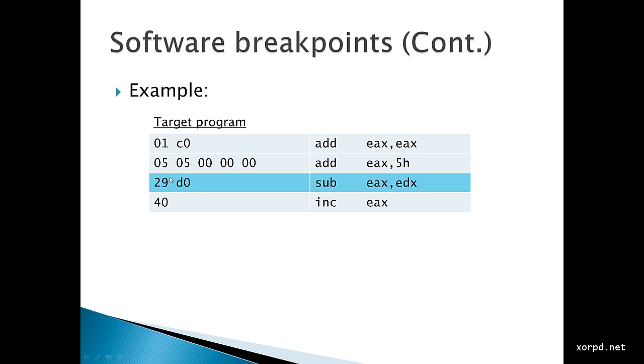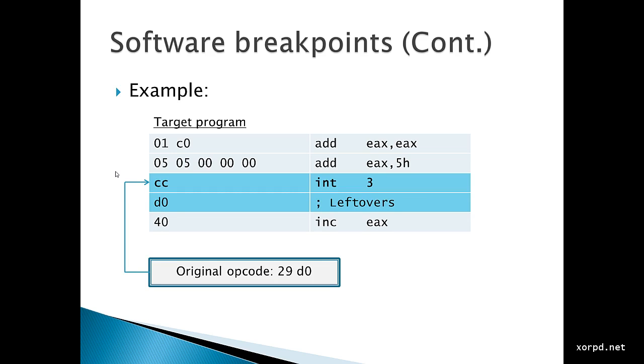The first byte is going to be replaced by CC, which is exactly the instruction int3. Here we can see that it is really useful that the int3 instruction is only of size 1 byte in memory, because we could put it in place of every first byte of any instruction.